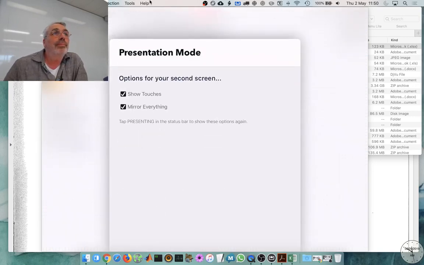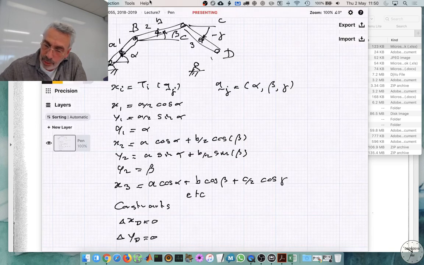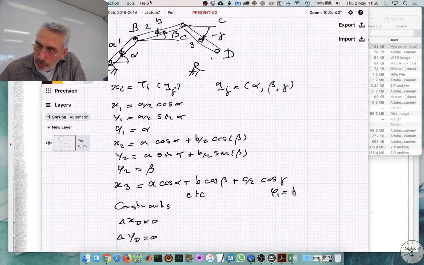But phi 3 would then be minus gamma. Okay, I'll put it in to be super clear. Phi 1 is alpha, phi 2 is beta, phi 3 is minus gamma. Thank you for that.